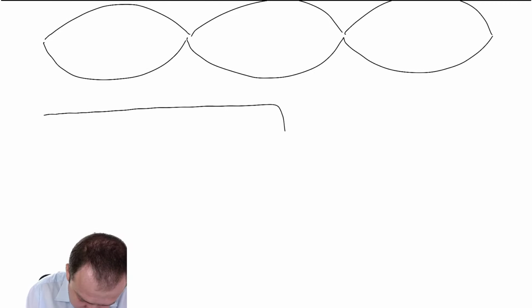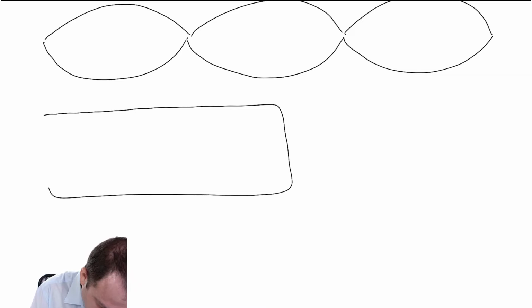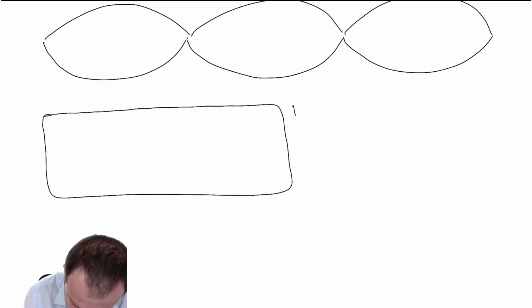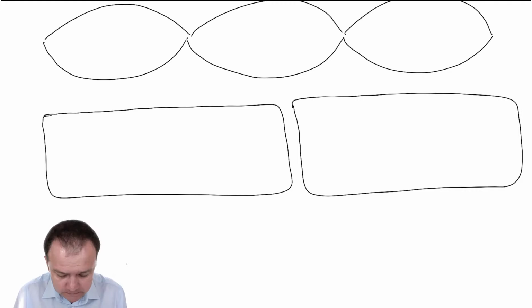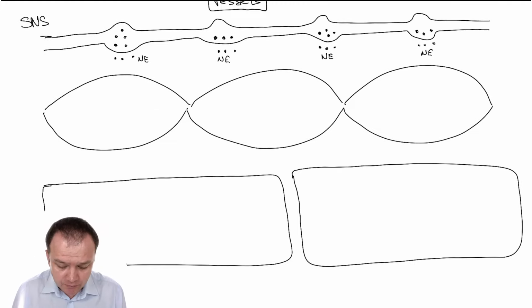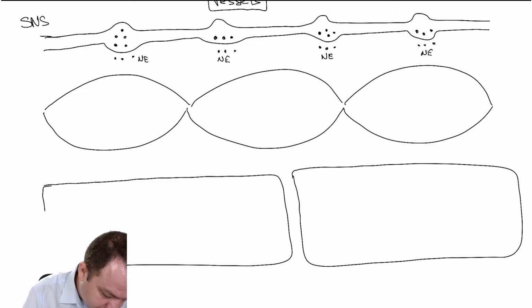And we have endothelial cells. And endothelial cells play a very important role in vascular function. So, what kind of receptors we have in the vessels? And of course, we're talking about smooth muscles.